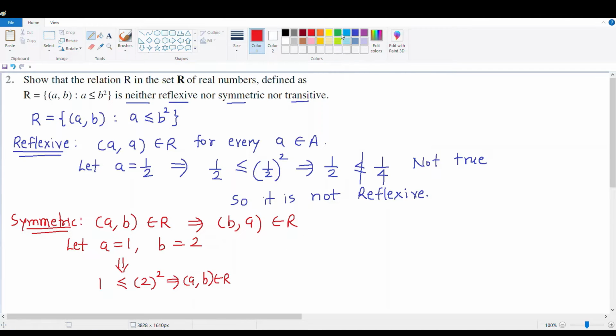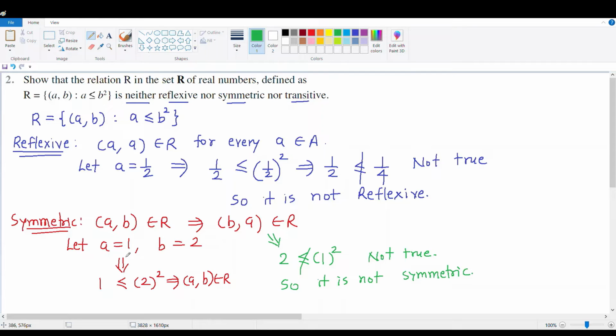Now check for this part, (b, a) belongs to R. So now (b, a) means (2, 1), and (2, 1) means we are saying 2 is less than or equal to 1 square. Now is 2 less than or equal to 1? No, not true. So we can say that it is not symmetric.